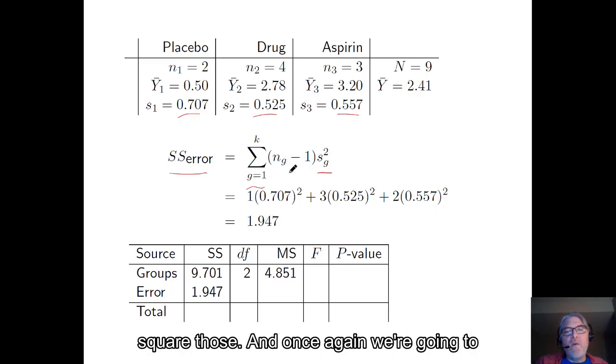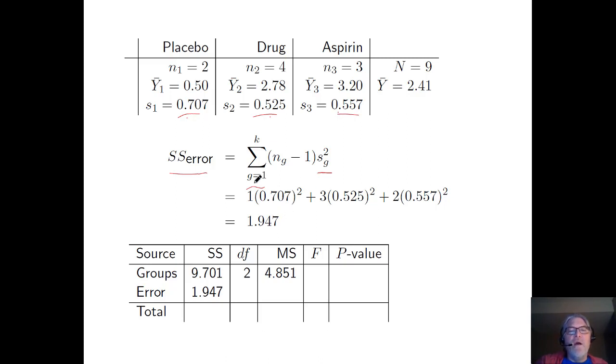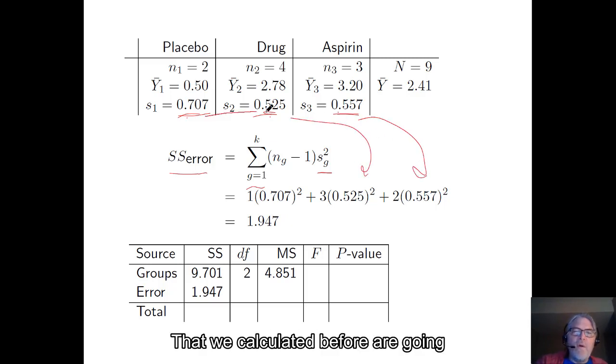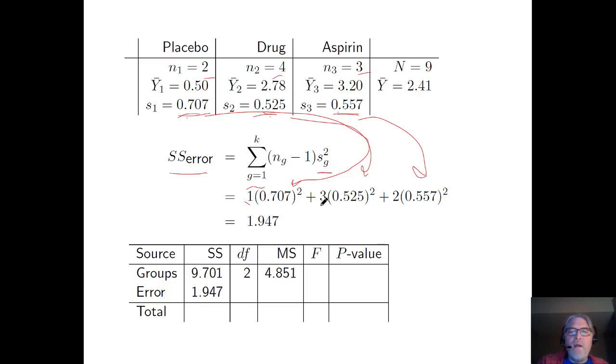And once again, we're going to weight them. But this time, we've lost a degree of freedom in estimating each one of these standard deviations. So it's the group size minus 1 in each case. So these standard deviations that we calculated before are going to show up here, and we're losing a sample size. So instead of 2, 4, 3, we have 1, 3, 2 for our coefficients here.